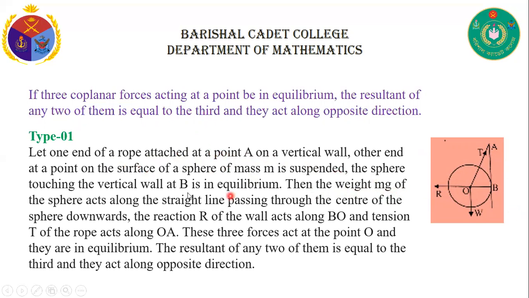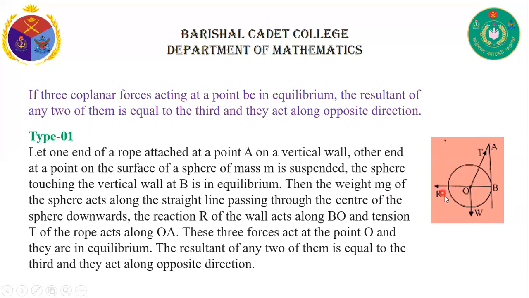The weight mg of the sphere acts perpendicular downward to the horizontal. The rope is attached, that is AO, so there is a tension T. So here one force is T, and one force is the weight, and the sphere lies against the vertical wall, so there is a reaction force, that is R.